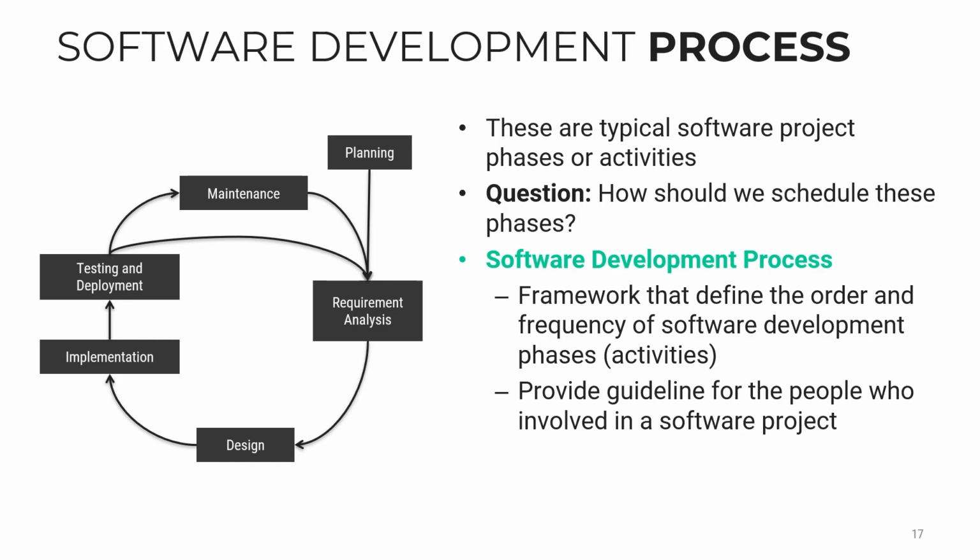And later on, we will see that by adjusting and improving these development processes, steps, or activities, we can also improve our software in the way that it is easier to use, has fewer bugs, and corresponds to what the user actually needs.